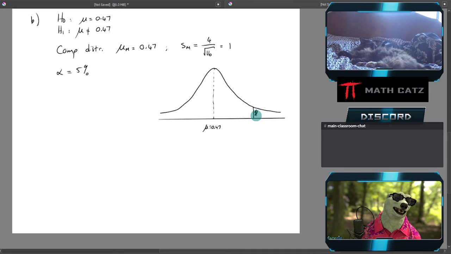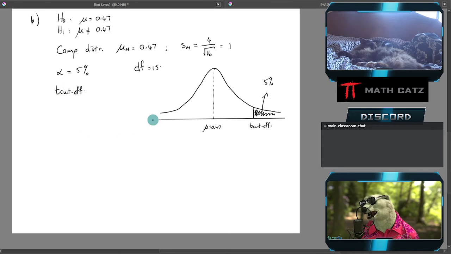So in the tail here, I'm okay with a 5% chance of rejecting incorrectly. That is going to give me a cutoff score according to my degrees of freedom and my alpha. So I look it up to get this t cutoff. In this case, a two-tailed test, so I did it wrong. I was testing you.